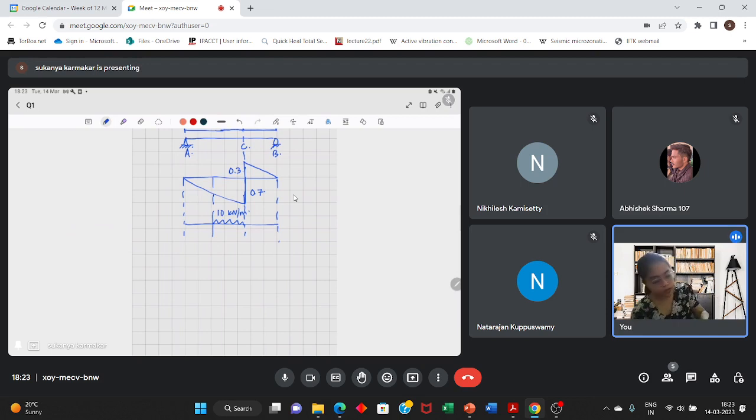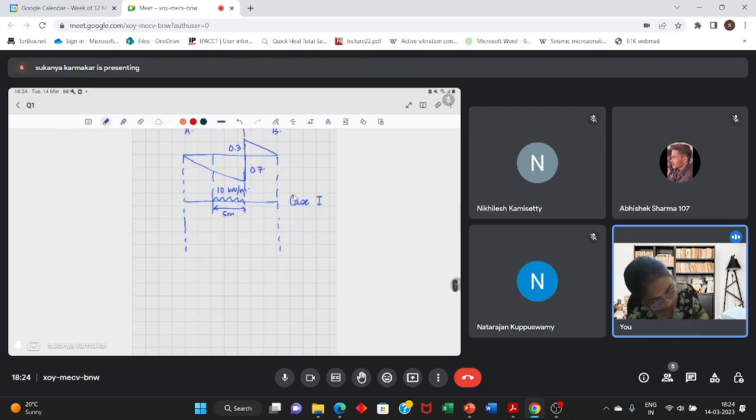So, suppose this is case 1 and this length be 5 meters. And another load position can be, it can lie here. This is case 2. This is 5 meters.